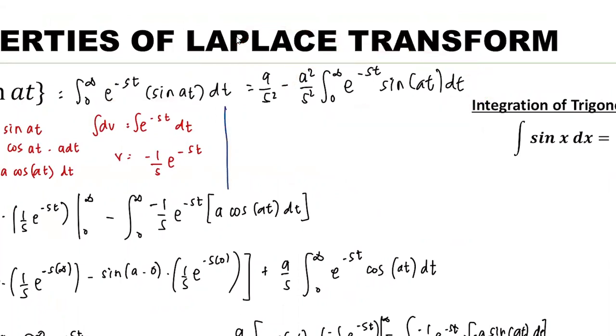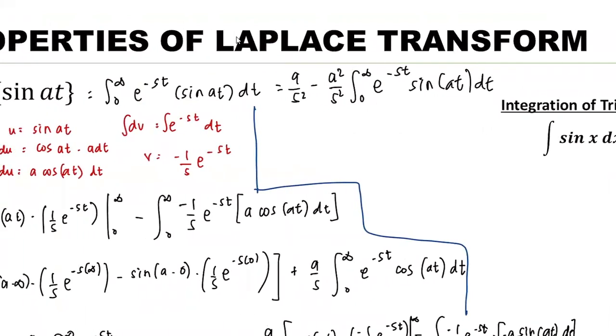So this will be, okay, so that is, when combined, 1 plus a squared over s squared. Okay? E negative st, so 0 to infinity, sine at dt is equals to a over s squared.